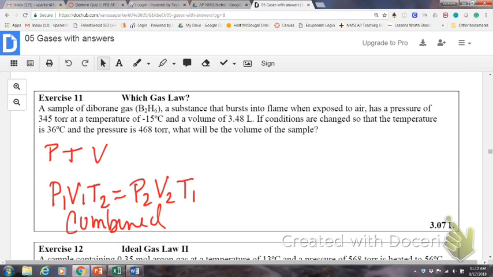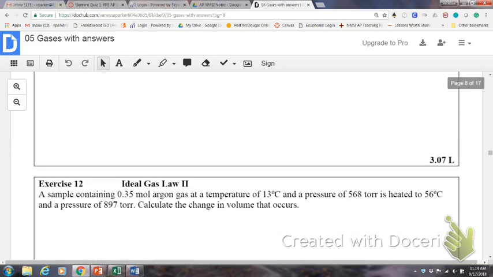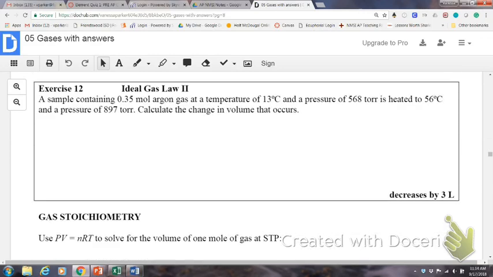I saw ideal gas law, and then I saw the 2. She's talking about exercise 12. Yeah, and I thought it was 11. Okay, I got you. I was like, how do you calculate that? Okay. So here we go.